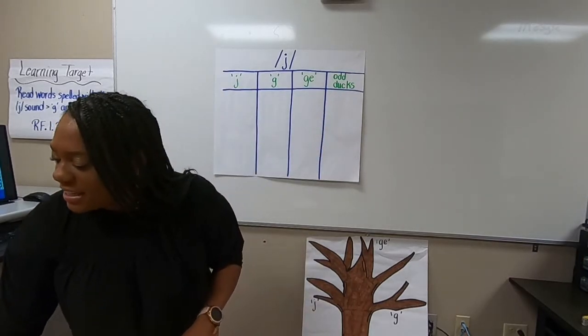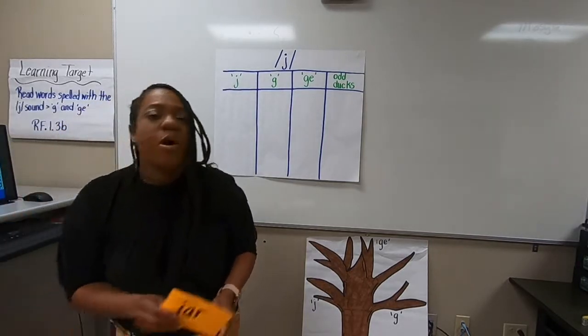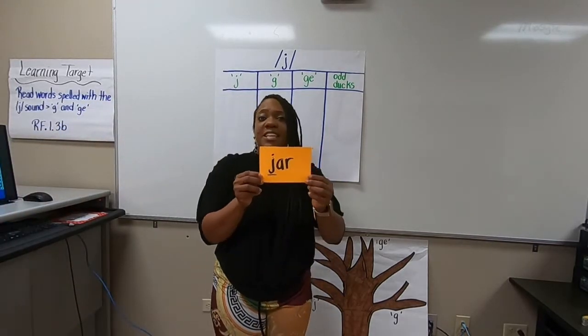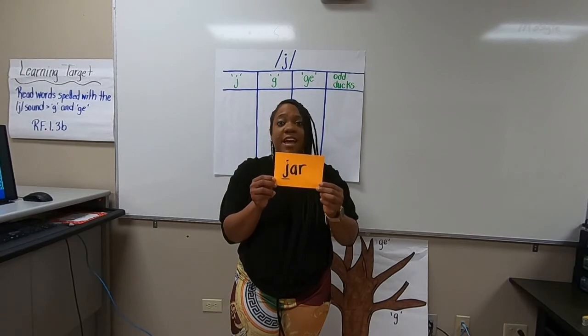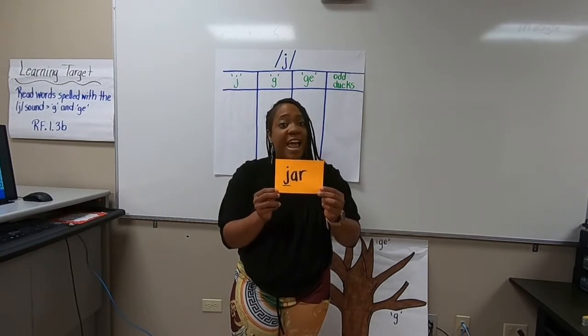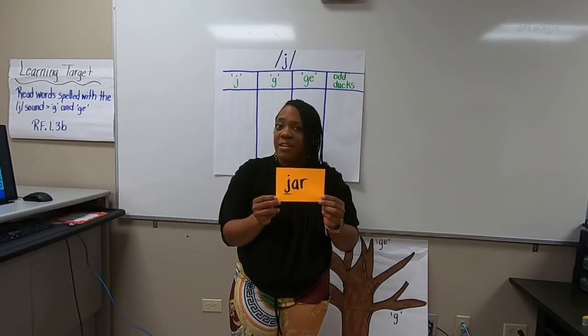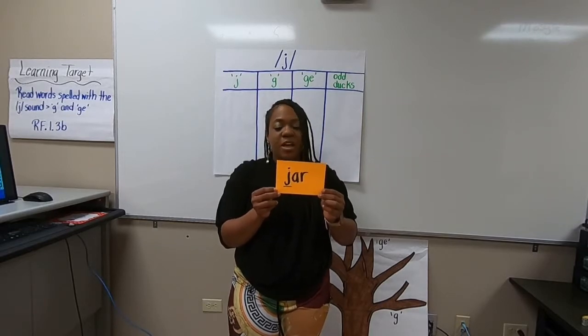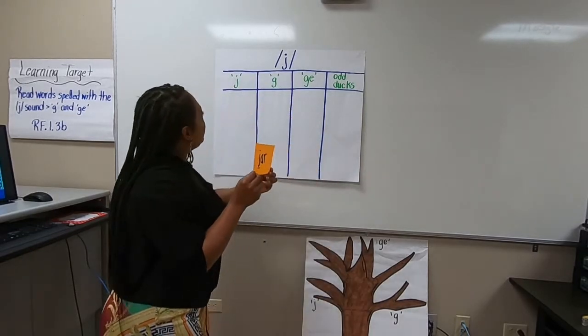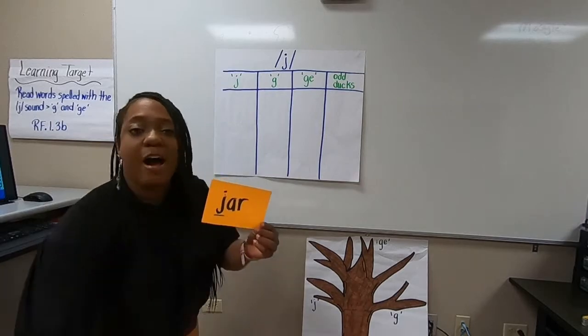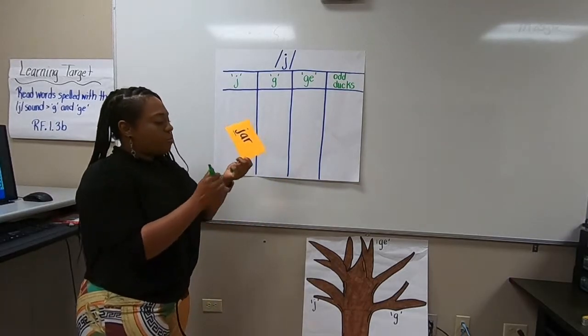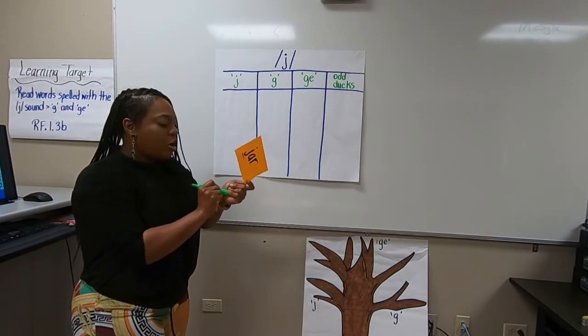So, let's get our first word. Here it is, and this word says jar. Can you say jar? Very good. Jar. So, let's see where our word will go on our chart.